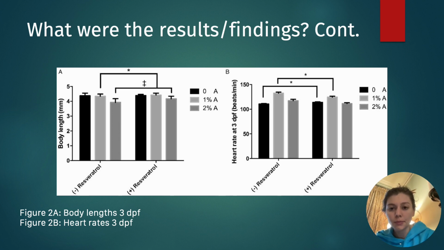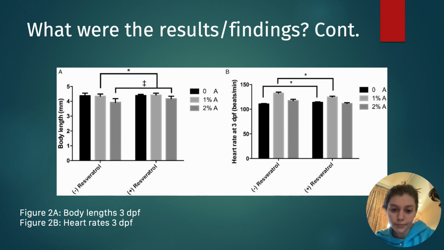And the 1% and 2% had recovered lengthened body lengths when exposed to the resveratrol. So in conclusion, the resveratrol improved body length by increasing body length for both 1% and 2% groups.